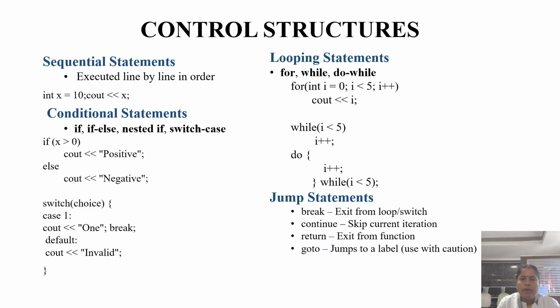And the control structures supported by C++ are sequential statements, conditional statements, looping statements, and jump statements. Sequential means every line is executed in line-by-line order. The conditional statements include if else, nested if, and switch case.